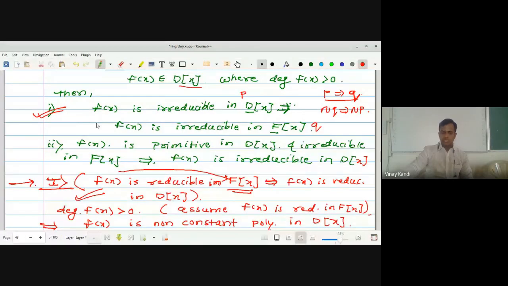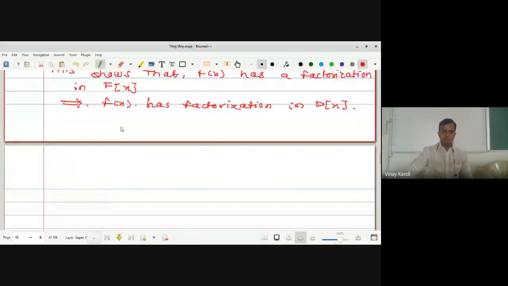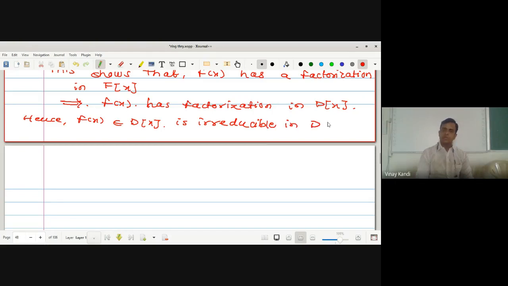Hence, what we proved: small f of x belonging to capital D of x, if it is irreducible in capital D of x, then it is irreducible in capital F of x, the negation of the above statement. Okay, any doubt?